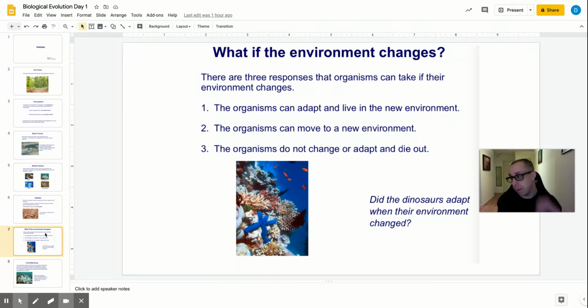So the impact from the asteroid, along with the pollution from the volcanoes, caused the earth to cool and become polluted. Dinosaurs, being cold-blooded, could not adapt to the changing environment. As we have discussed in the past, cold-blooded animals, their blood adjusts to the warmth of the environment.